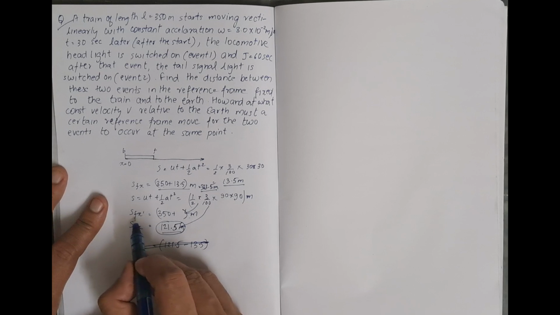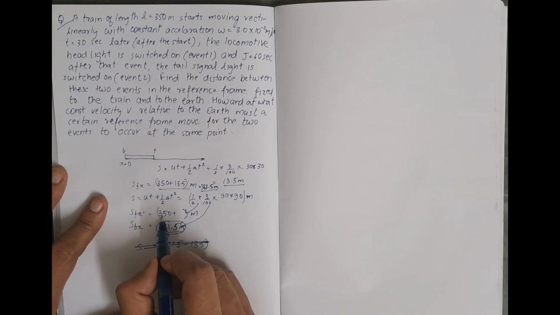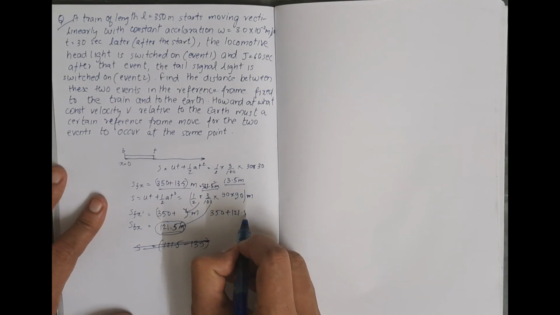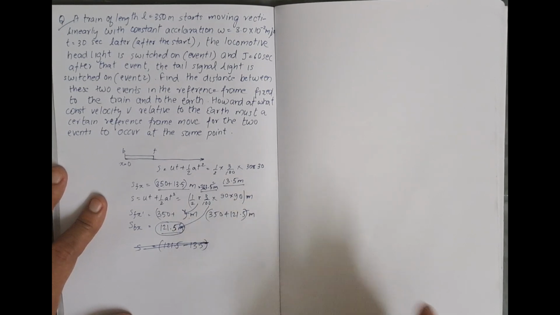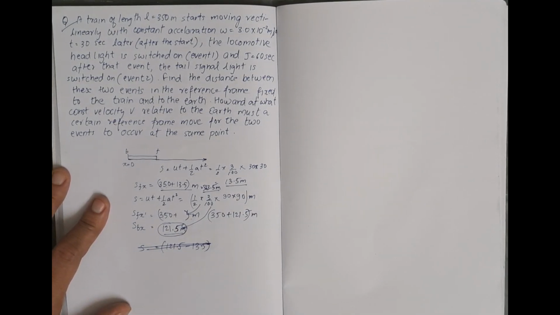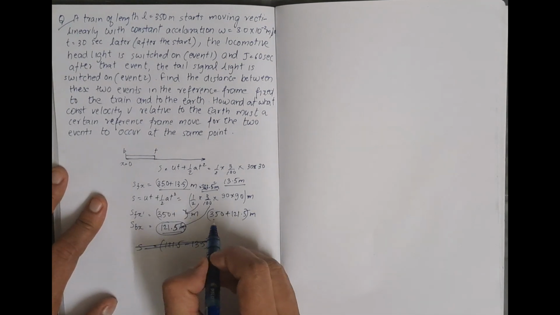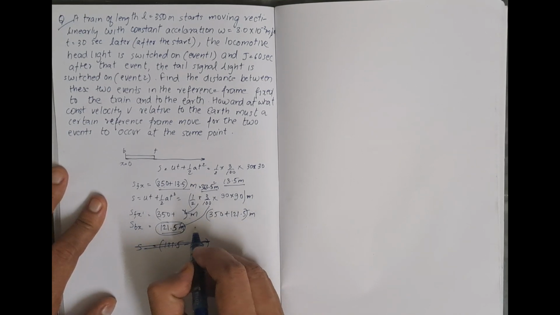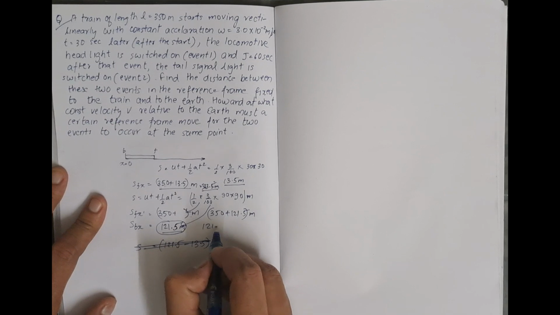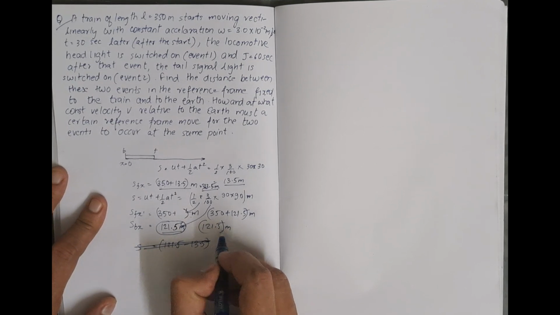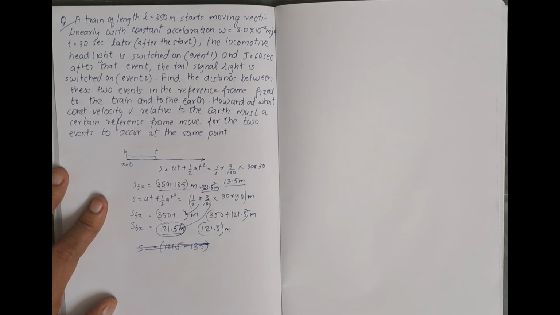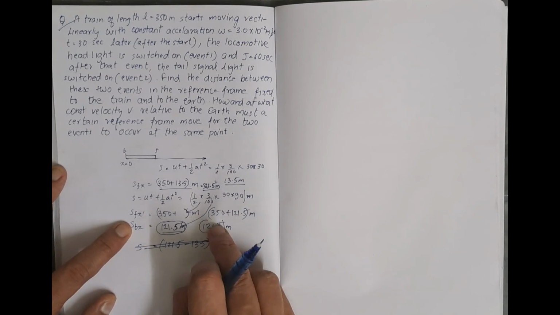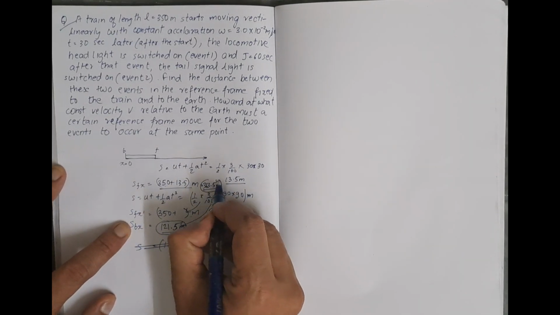So the x coordinate of the front end is 350 plus 121.5, and the x coordinate of the back end is this minus 350, which is 121.5. The x coordinate of the front end at event 1 is 363.5.